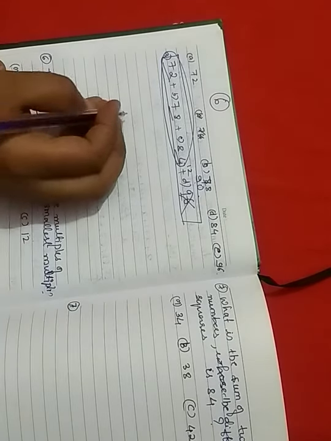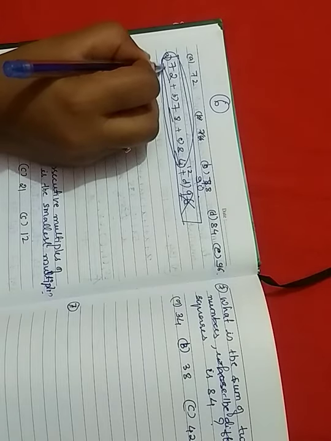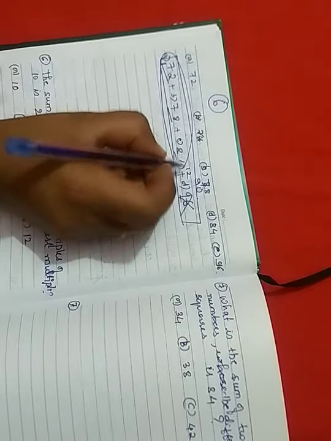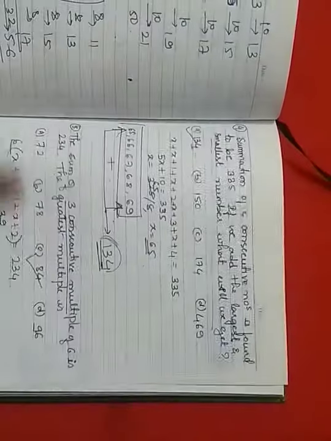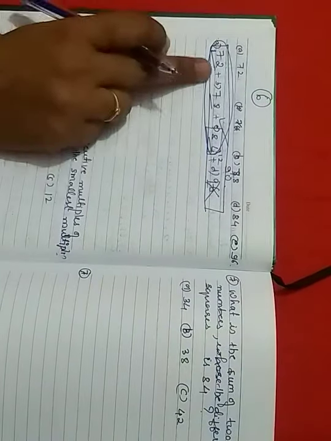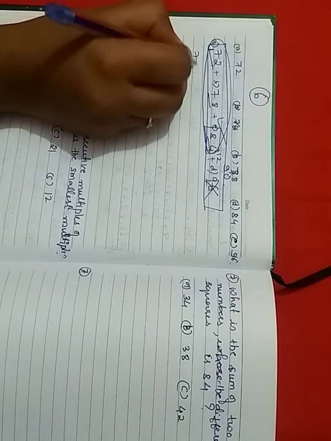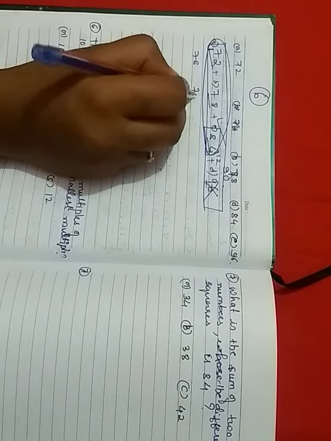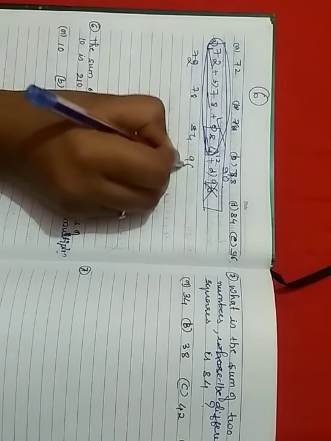And what they have asked is the greatest multiple, so you can take this. You need not do all these things, but this is a different approach, and you can do it like this also, just by the options 72, 78, 84, 96.